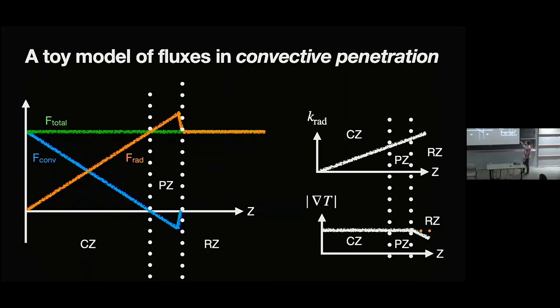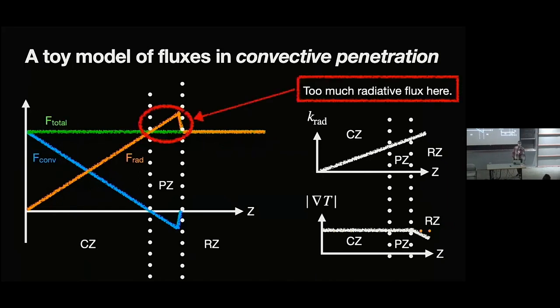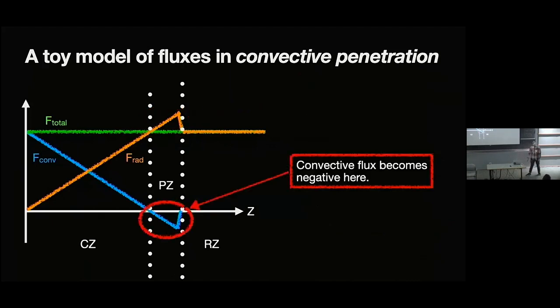Basically, convective motions have mixed the temperature gradient to the adiabatic beyond the Schwarzschild boundary. This means that this increasing conductivity causes the radiative flux to carry too much flux. And so convection has to make up for it and carry flux the wrong way.